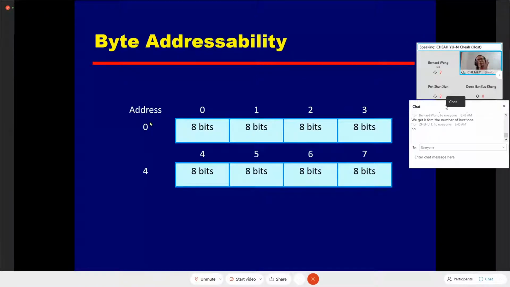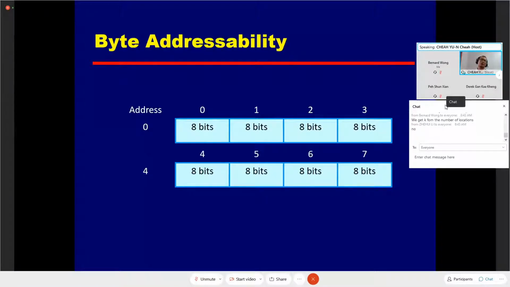To clarify this a little bit, in exam questions or test questions, we rarely have to talk about byte addressability. Very often we just give you how many locations there are, and you don't have to bother about addressing all the individual bytes.